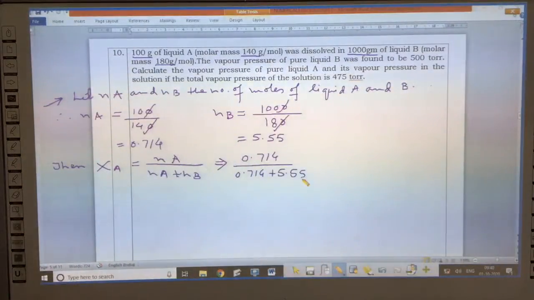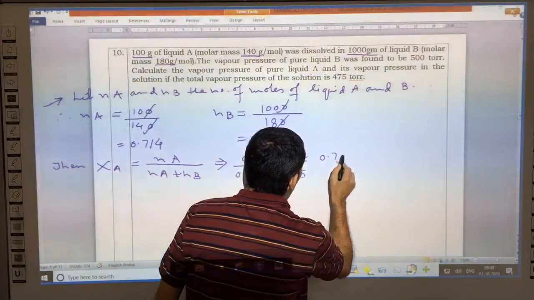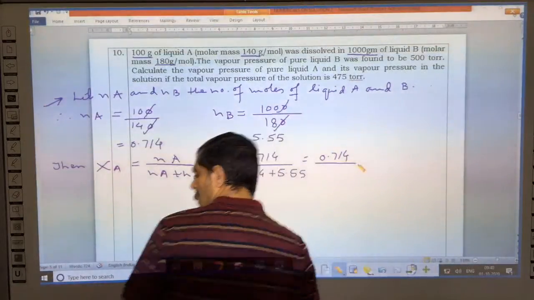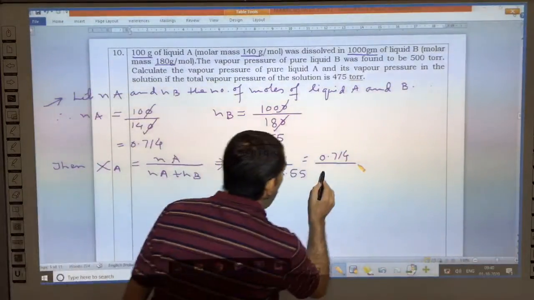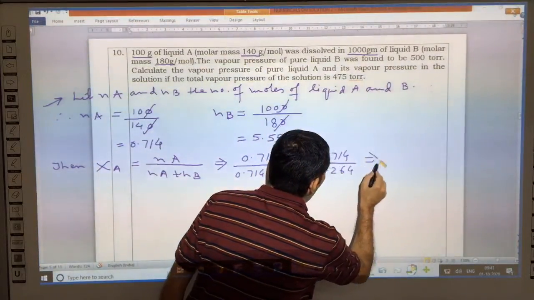Let us solve this. 0.714 plus 5.55 is 6.264. So this is 0.714 upon 6.264. You will get the mole fraction by this.